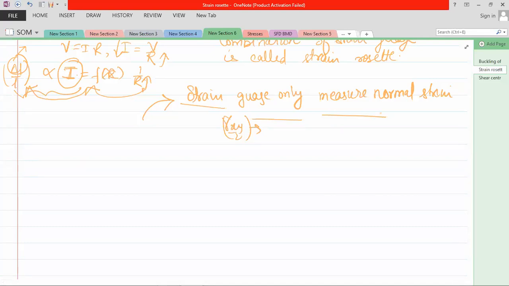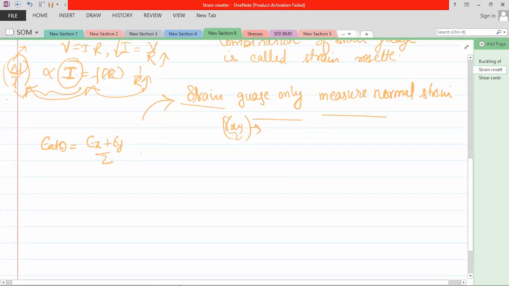Epsilon theta is epsilon x plus epsilon y by 2, plus epsilon x minus epsilon y by 2 cos 2 theta, plus gamma xy by 2 sine 2 theta.